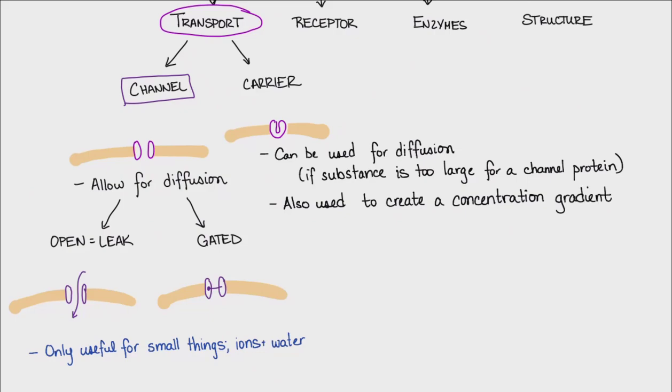Now you saw an example of a carrier protein creating a concentration gradient with the omnipresent sodium-potassium pump. That sodium-potassium pump is so important to physiology that you might as well know it now because you're going to see it over and over and over and over again.